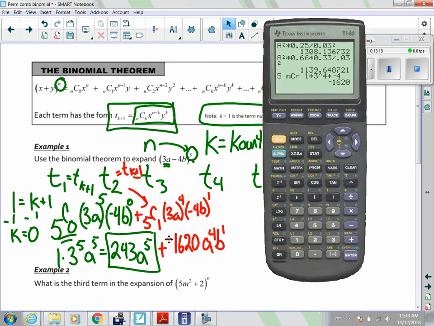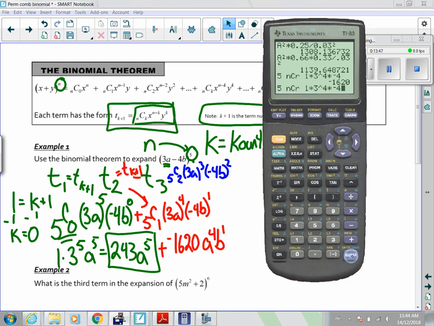Next one's going to be my T3. Let's do this one in blue. This is going to be 5C2 now. 3a, you know what, this is just a nuisance here. 3a cubed, negative 4b squared. So the powers just keep going up for the y's and down for the x's. 5C2, so now this is a handy calculator trick if you're doing these over and over again.